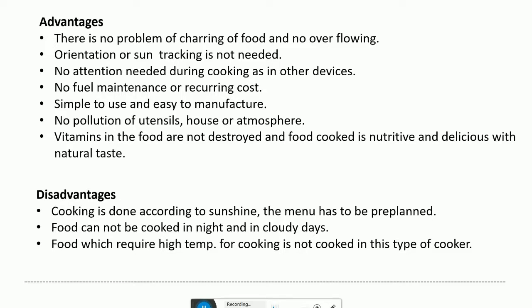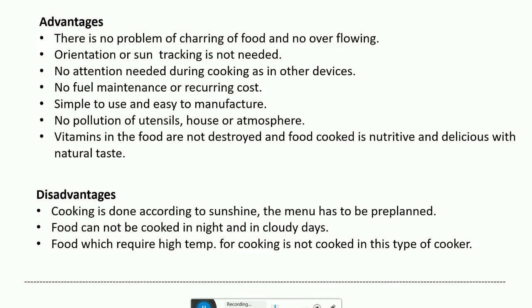Cooking is done faster in summer than in winter due to ambient temperature, and we already know that the best time of the day for cooking is between 11 a.m. and 2 p.m. on a normal sunny day. The time required for cooking is reduced if metallic vessels with a tight lid and painted black from outside are used.